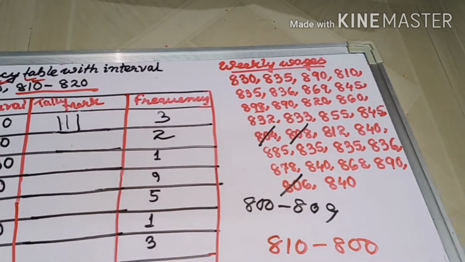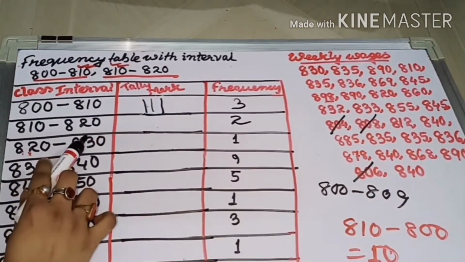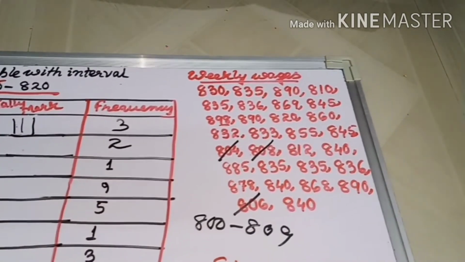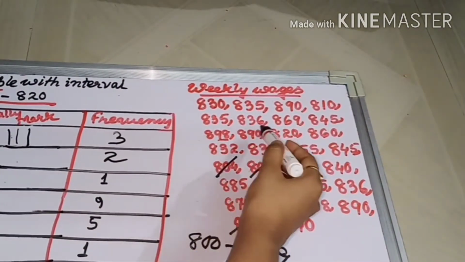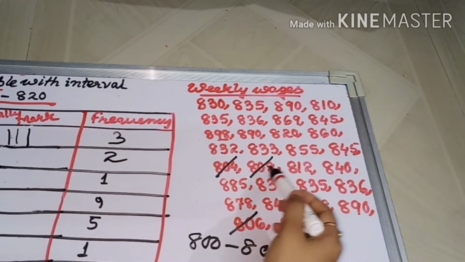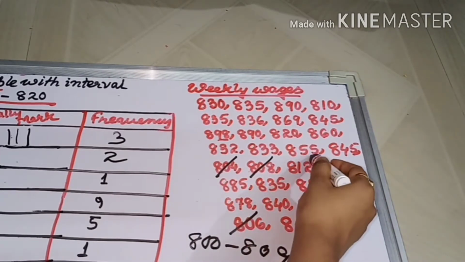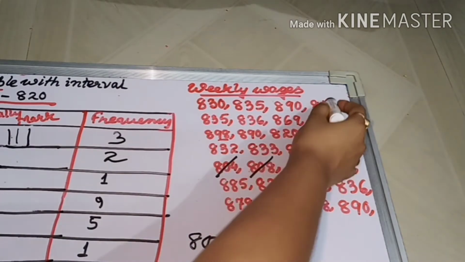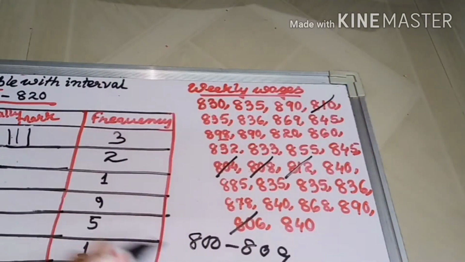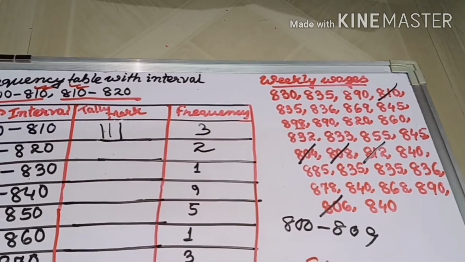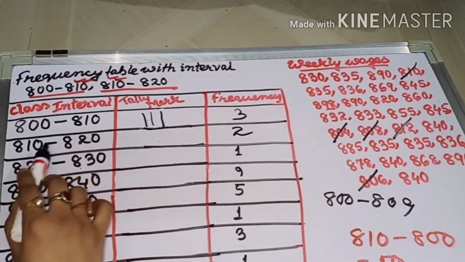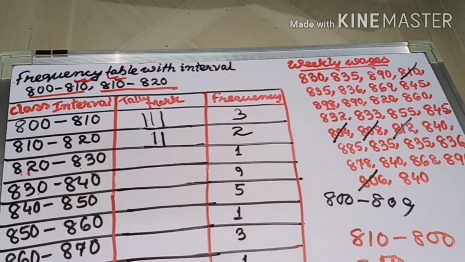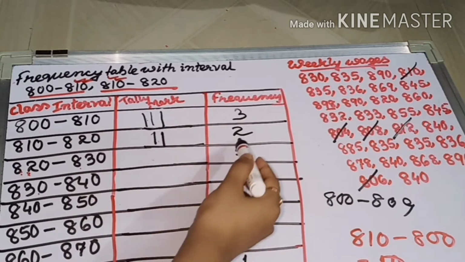Now next is 810 to 820, that means 810 to 819 we have to count. So if I see, it will be 812. One we have got, and another 810. So that means in this group we have got only two numbers, so the frequency is 2.